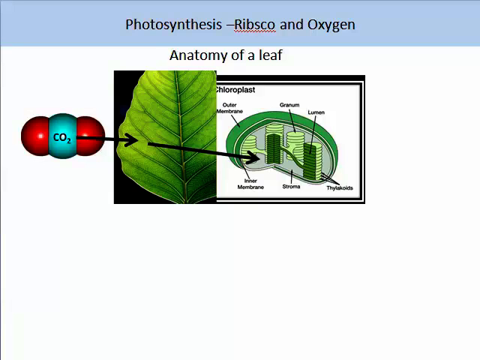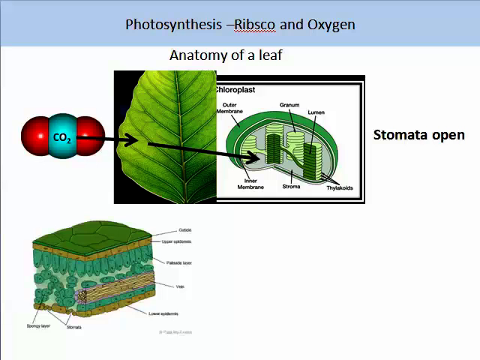If you remember in the first lecture, we were told that CO2 comes from the atmosphere, and it can come into the plant via the stomata. It then dissolves through the cell into the stroma, where it can undergo the Calvin-Benson cycle. When stomata are open, this process occurs well.